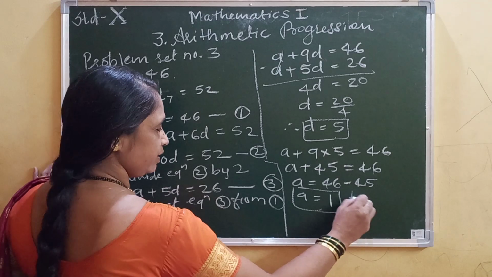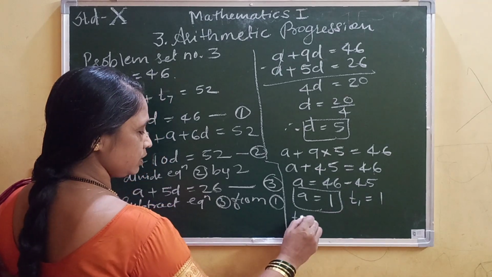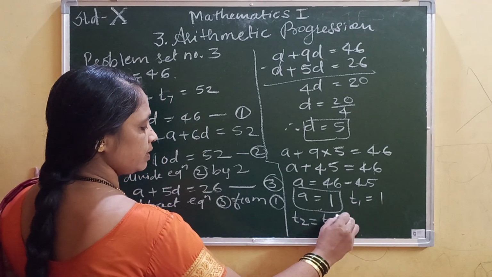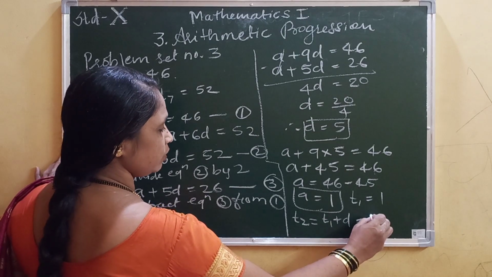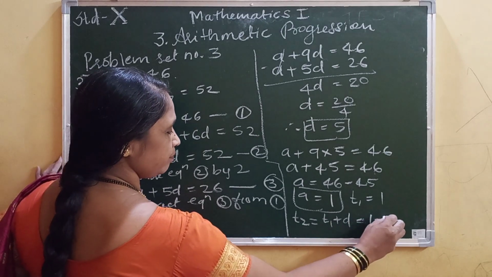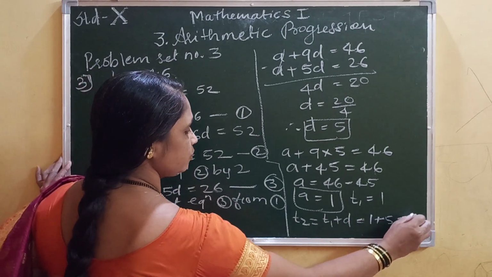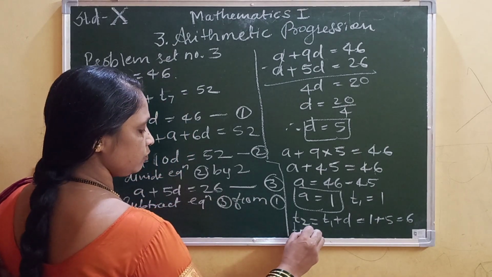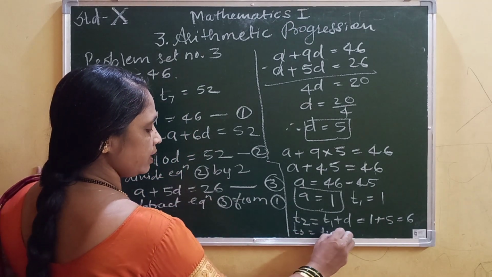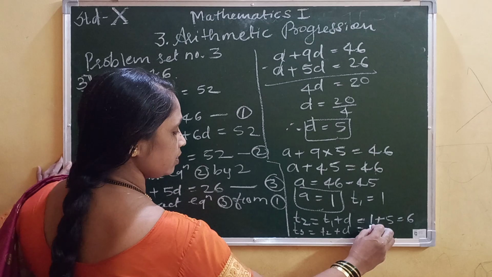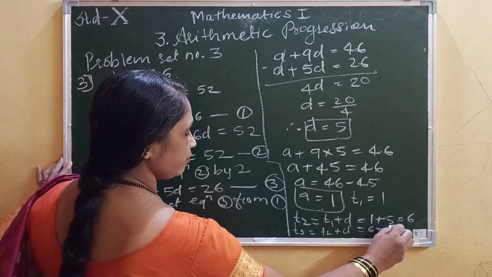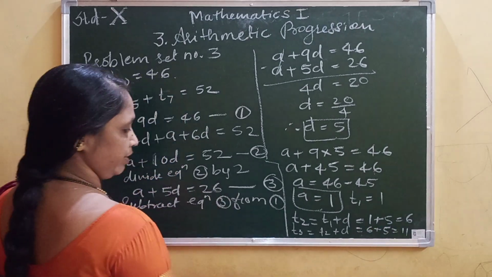Now T1 is equal to 1. T2 is equal to T1 plus D, which is 1 plus 5, equal to 6. T3 is equal to T2 plus D, means 6 plus 5, which is 11.